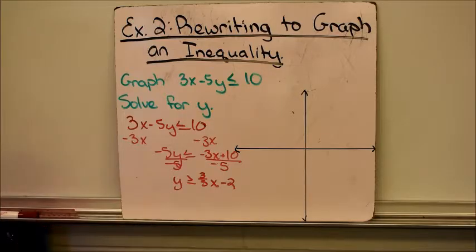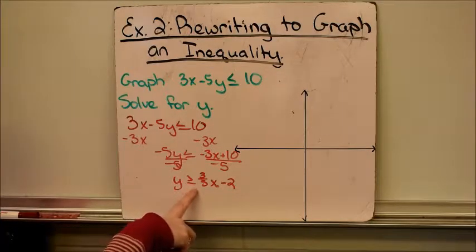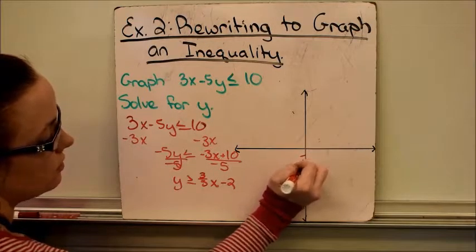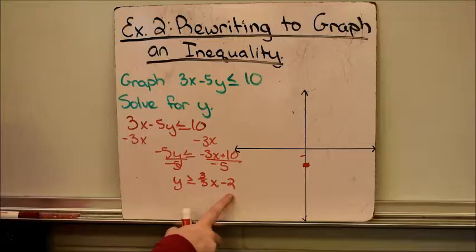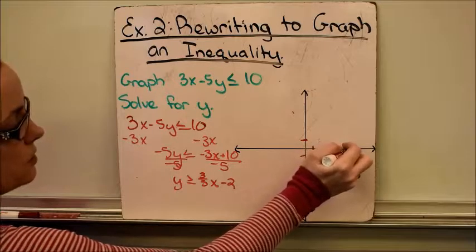Now I can graph this just like I would y equals mx plus b. Because this is equal to, my boundary line, which is my first step, is going to be a solid line. So I'm going to draw a point at -2. That's my y-intercept. My slope is 3/5, so up 3 and over 1, 2, 3, 4, 5.